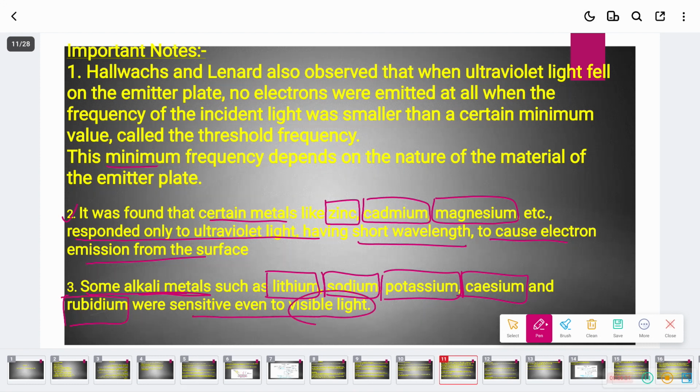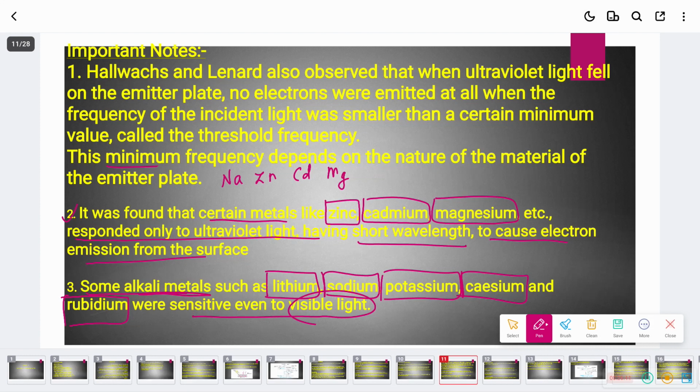Now you see, a question will come: which of the following options is sensitive to visible light? Sodium, zinc, cadmium, magnesium. Which is the answer?